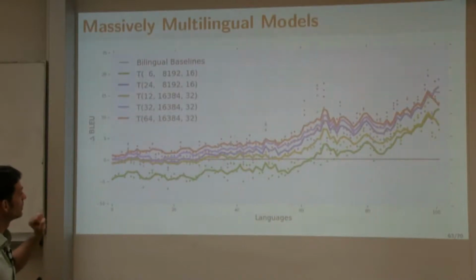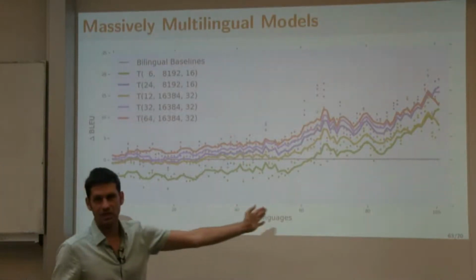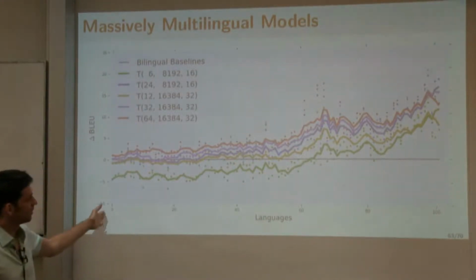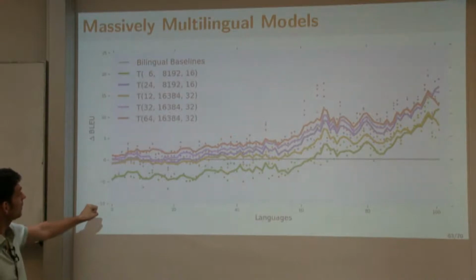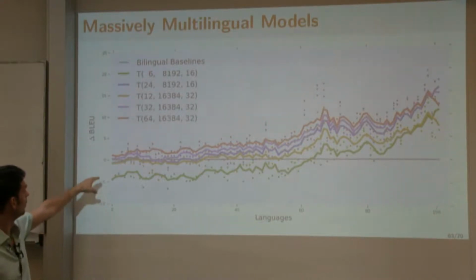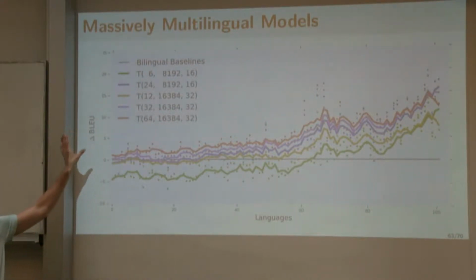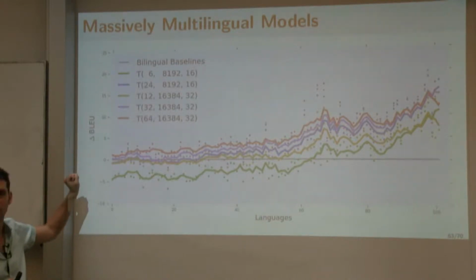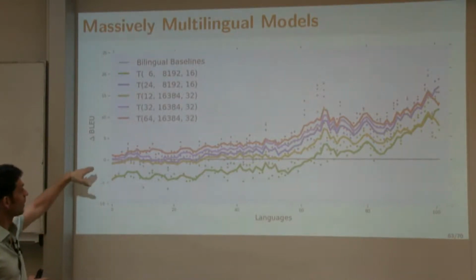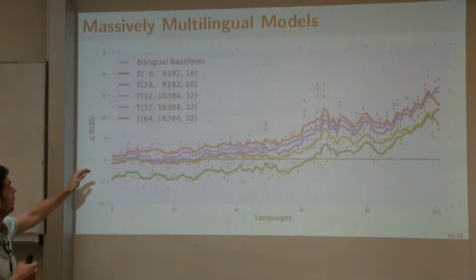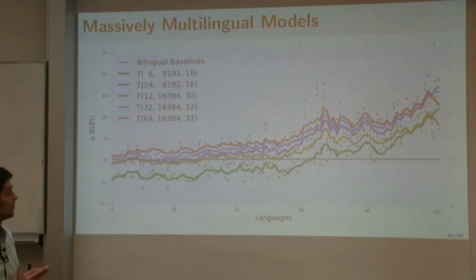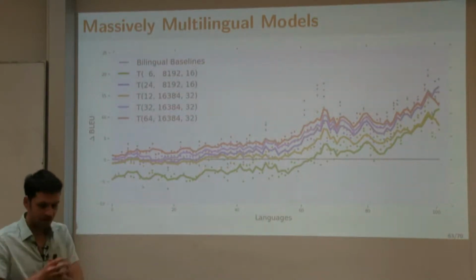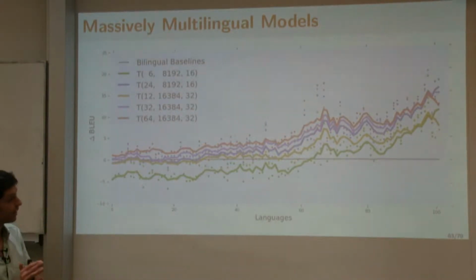So here are the performances. On the x-axis you will see the 100 languages, or 103 languages, and the baseline is all in the relative performance of the BLEU score. So Google always trained the pairwise system for that particular language paired with English.